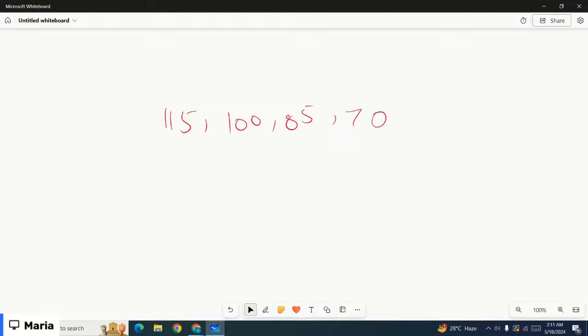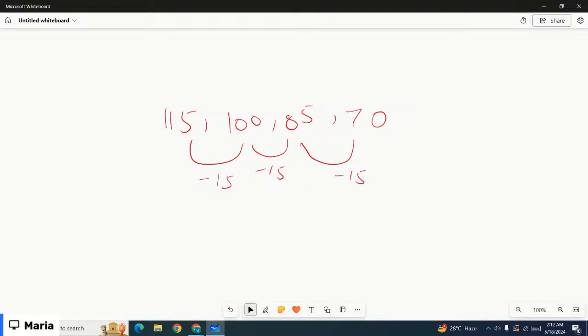You have to see if this sequence is arithmetic, geometric, or both. So let's find a common difference. Subtract the first term from the second one. 100 minus 115 is negative 15. Then 85 minus 100 is negative 15. Then 70 minus 85 is negative 15.